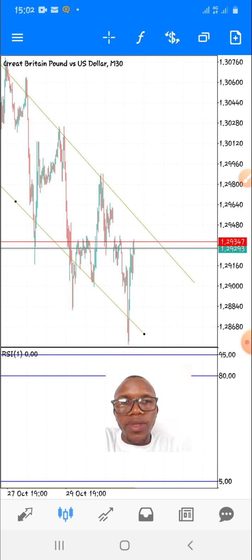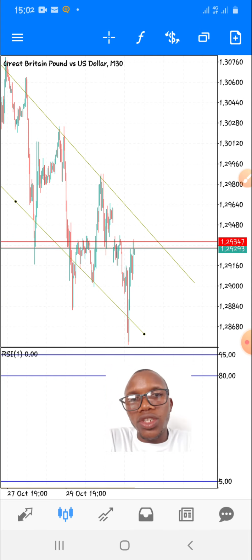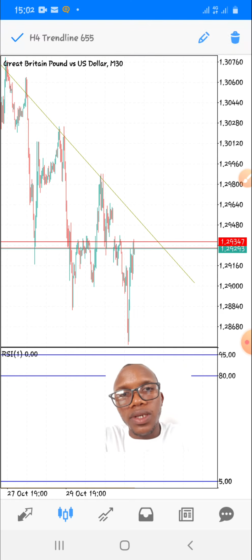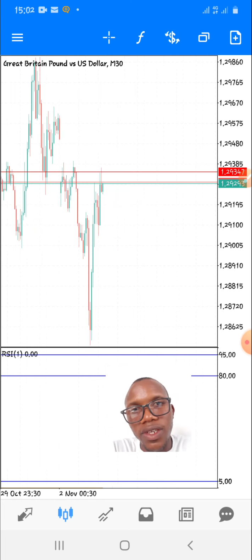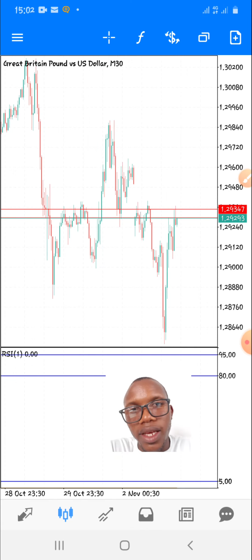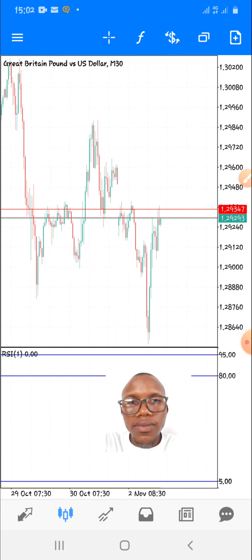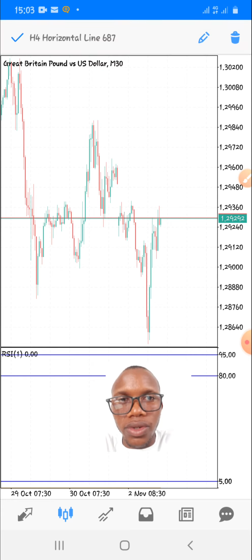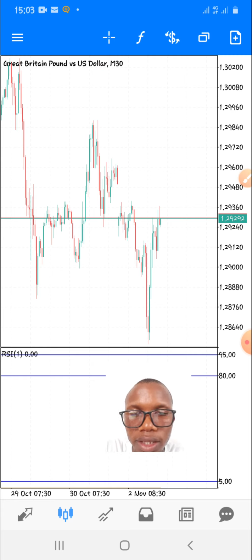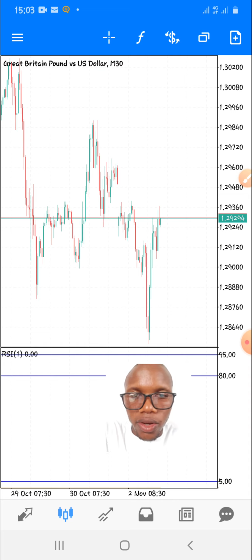So in this case, let me try to draw at least one specific trend line. Okay, so here, let me remove also the resistance line.